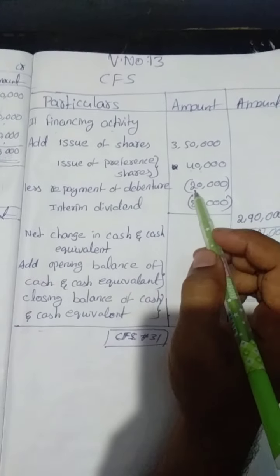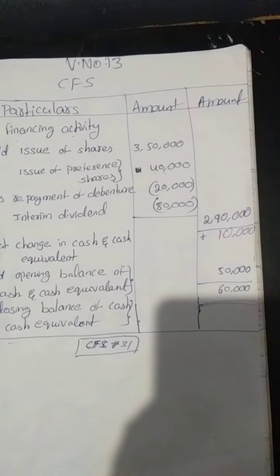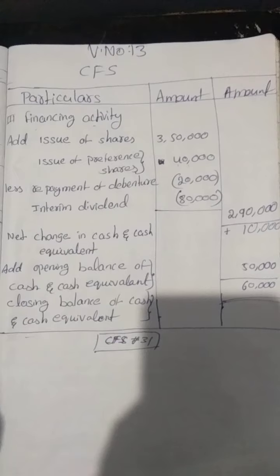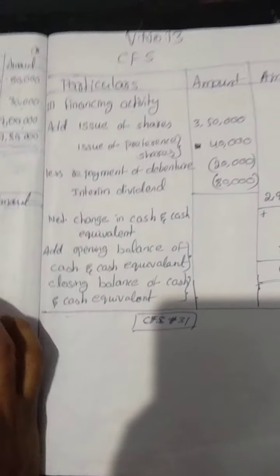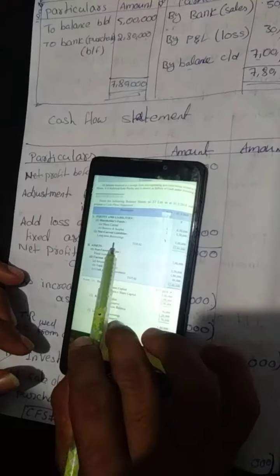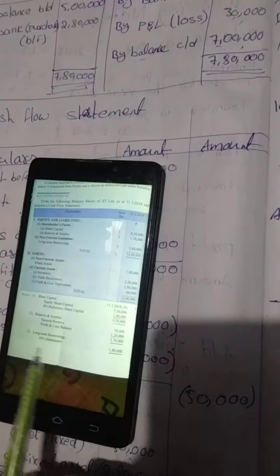From there, another item is there that we have to reduce, as you saw in the question: debentures. Here you can see that under non-current liabilities, long-term borrowings were given in note number 3.